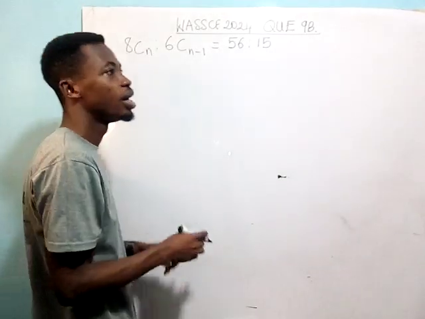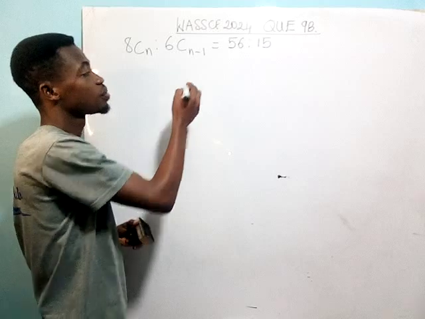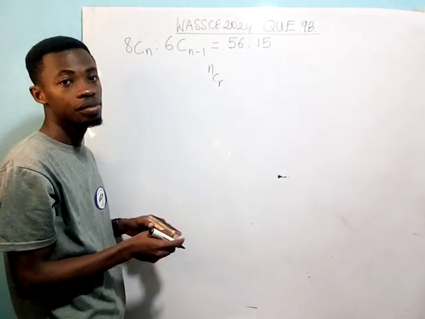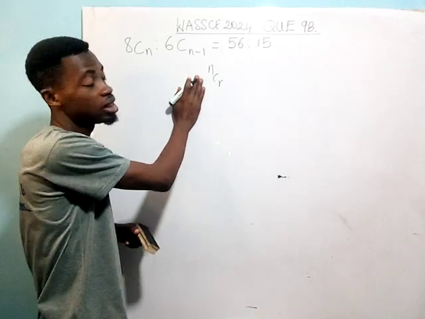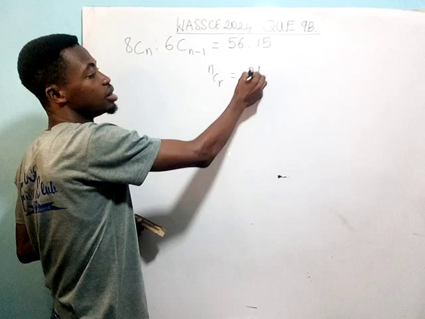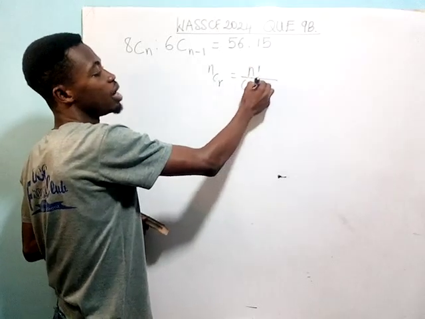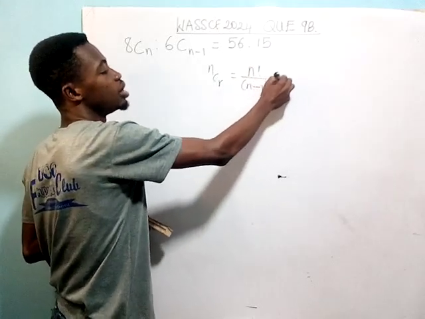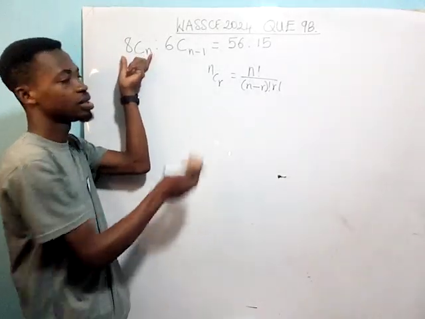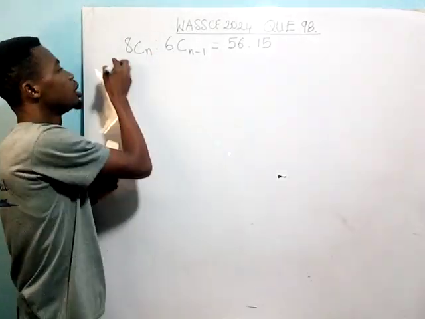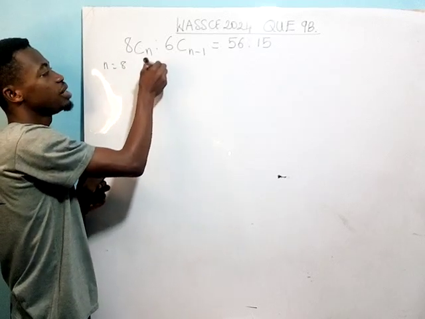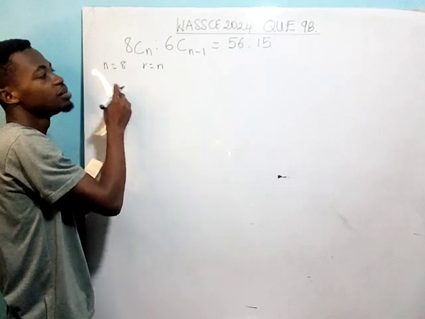Let's revise some basics. We know that n combination R can be written as n factorial over (n minus R) factorial, R factorial. So when you pick this here, your n is 8 and your R is n.